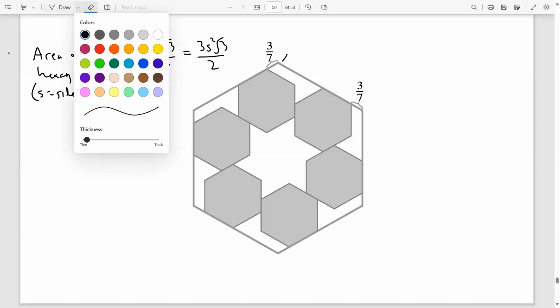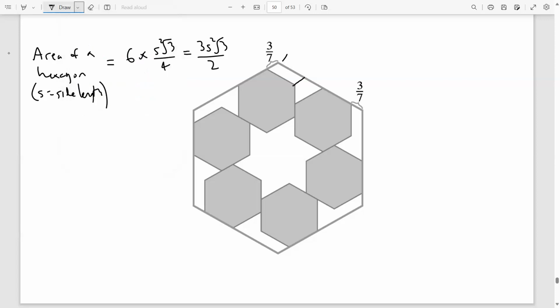So in order to find the side length, we're going to draw a few different segments. So first, we'll consider this segment in black, connecting one of the vertices of one of the hexagons to the side length of the frame.